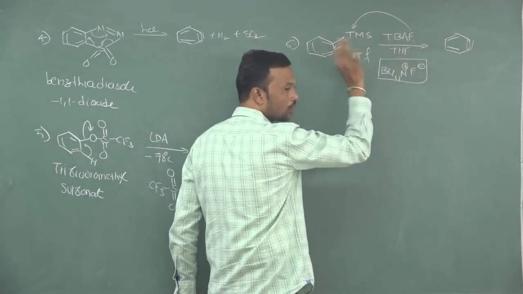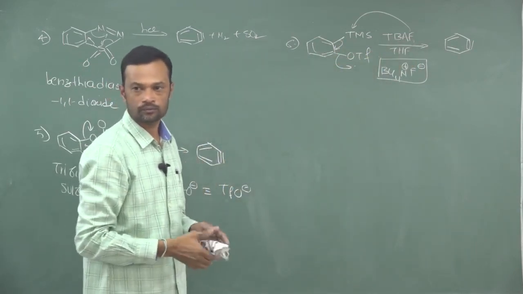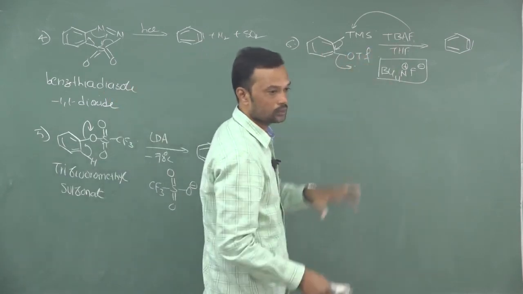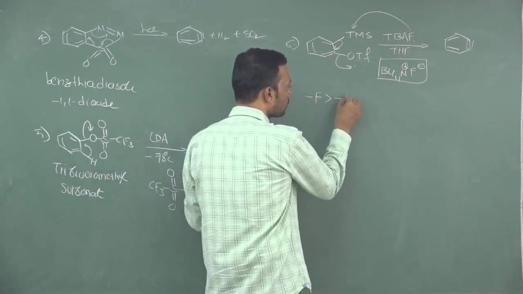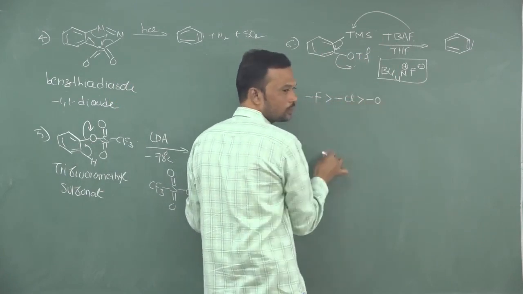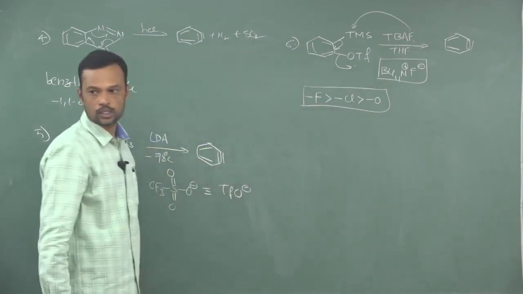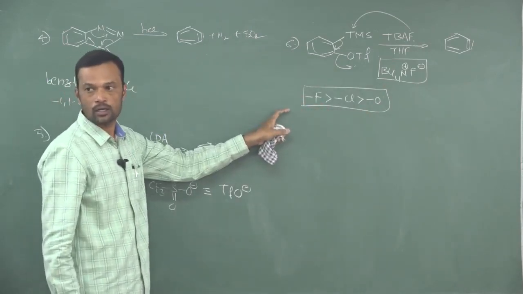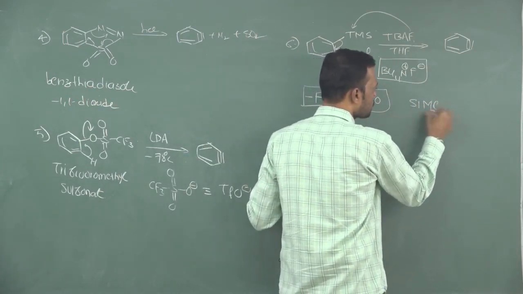Why? Because silicon is very strongly reactive with highly electronegative elements. Fluorine is highly electronegative. So it reacts effectively with fluorine, then followed by chlorine, then followed by oxygen. This is the reactivity order of silicon. Silicon exists in the form of trimethylsilane like this.